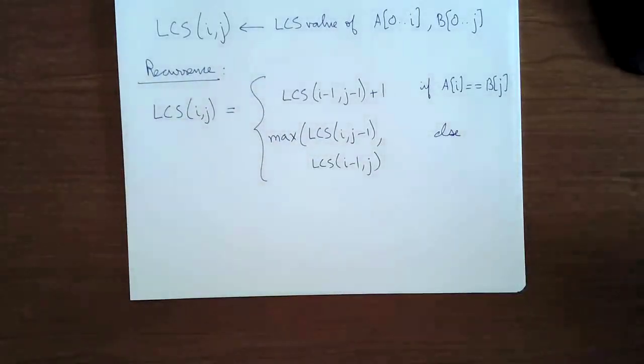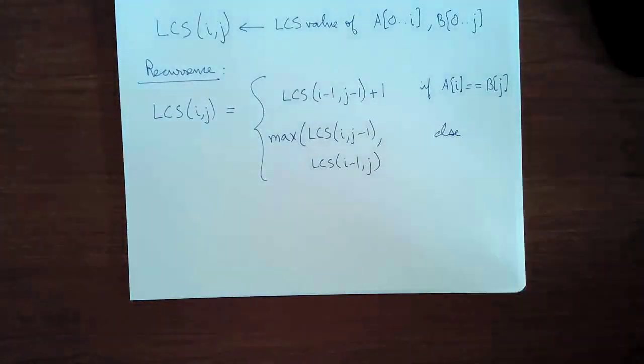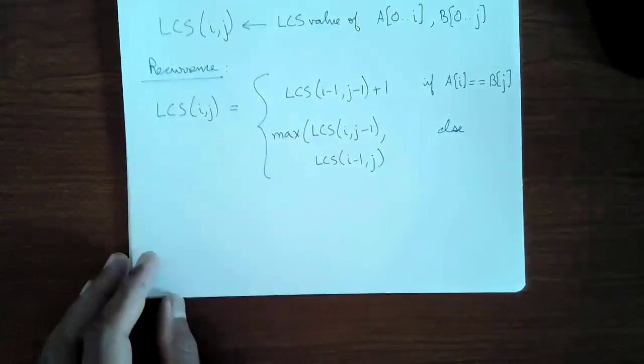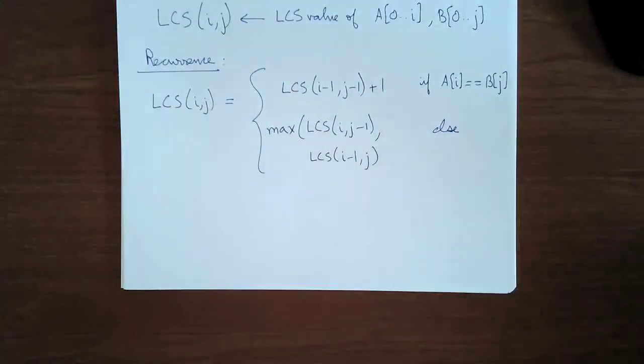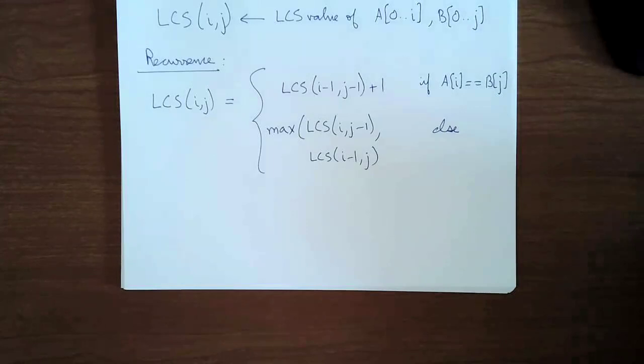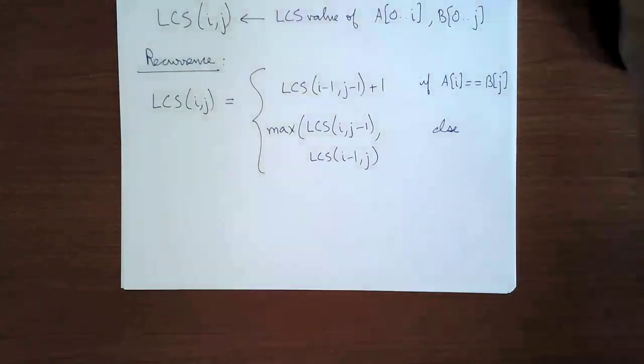If I were to run this just as a recursive algorithm, how long will it take? Will it take polynomial? Will it take exponential? What's going to happen? Okay. Why exponential? You're right that the answer is exponential, but why?